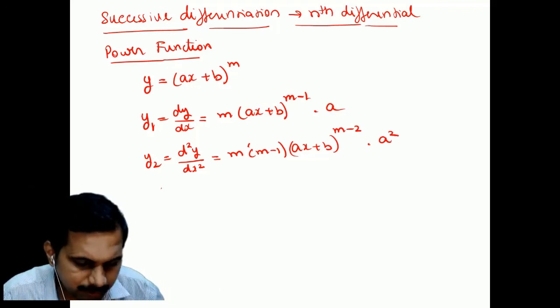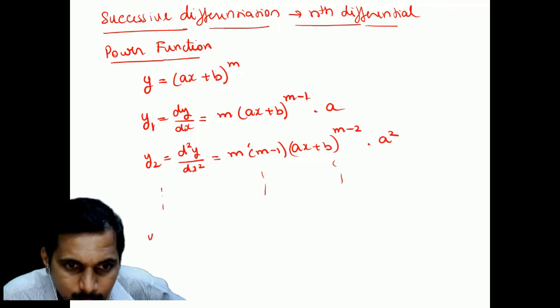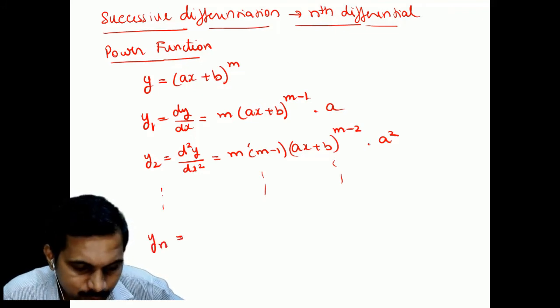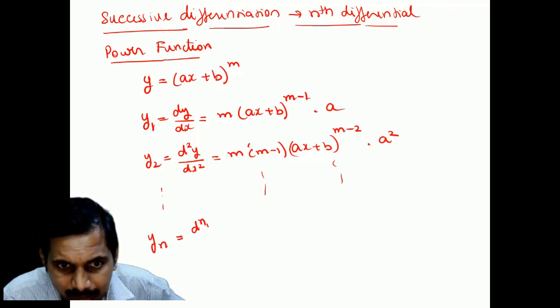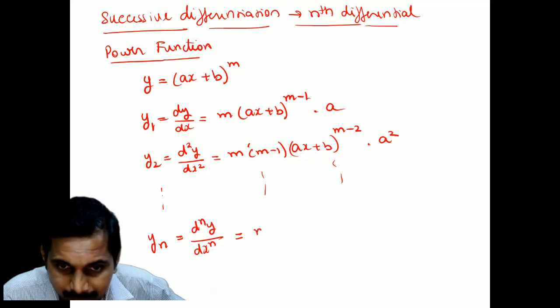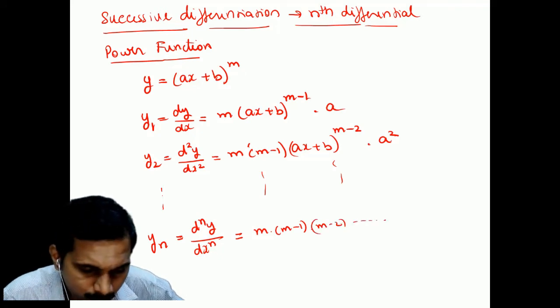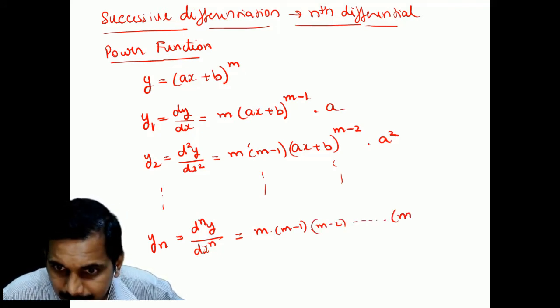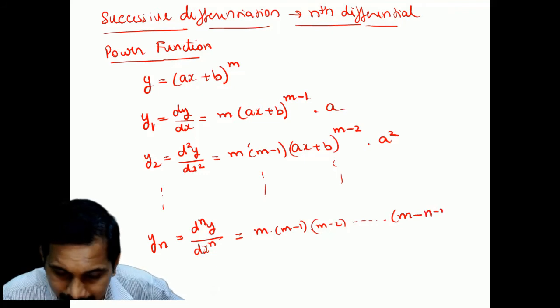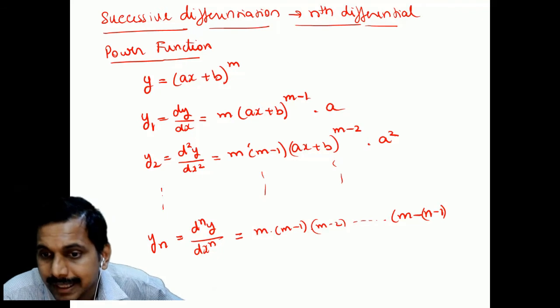Going further, yn is d raised to n y by dx raised to n, which is m into m minus 1 into m minus 2 and so on up to m minus n plus 1.